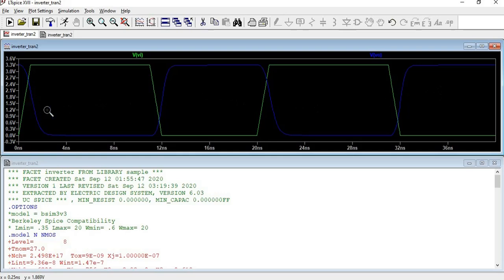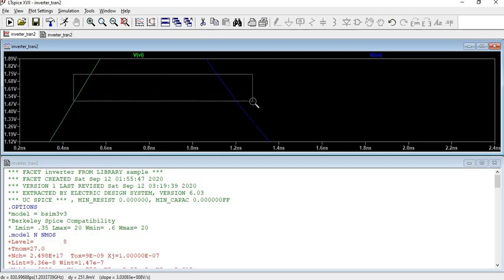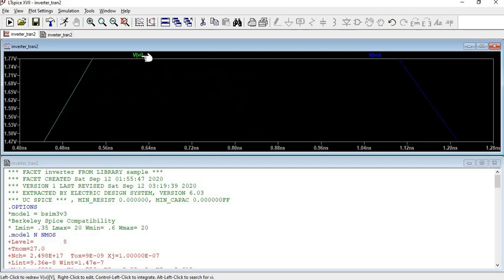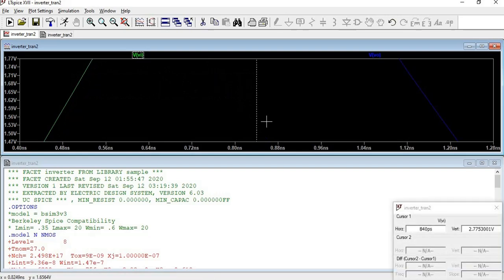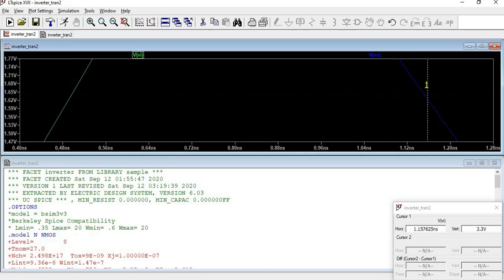Again, you can zoom in at a specific area, then get the time. In this case, 1.65 at 499 pico, and on the other side, you need to click V out.